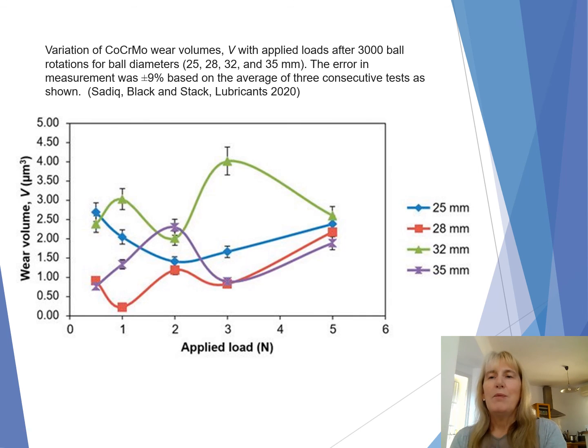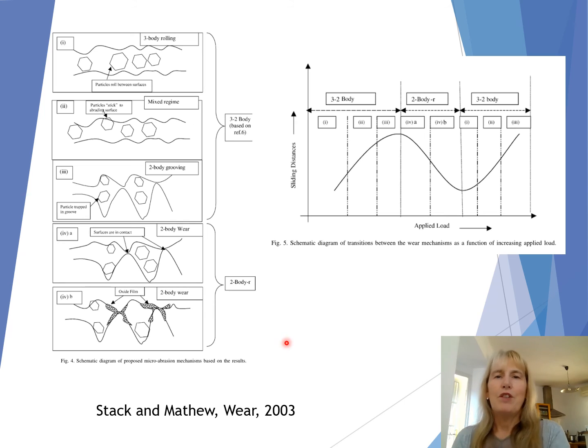So what we've done in previous work is to look at the effect of applied load in a micro-abrasion scenario, and it's very similar to the earlier papers of Welch and Lancaster in sliding, where we get a peak in the wear rate, consistent with the formation of a tribo-oxidation layer.